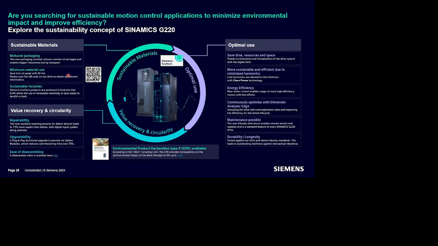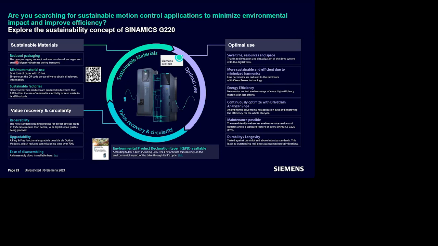I left it there because maybe you can try and scan the QR code, and you will see all the information for the Sinamics G220 that can be downloaded digitally, like manuals, operating instructions, certificates, data sheets. Everything can be downloaded digitally, and everything is produced in our factories that are becoming production-site neutral.